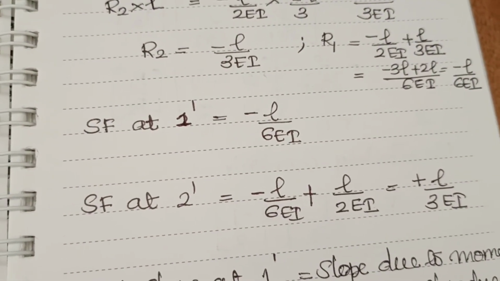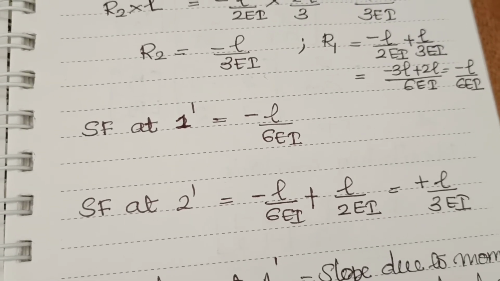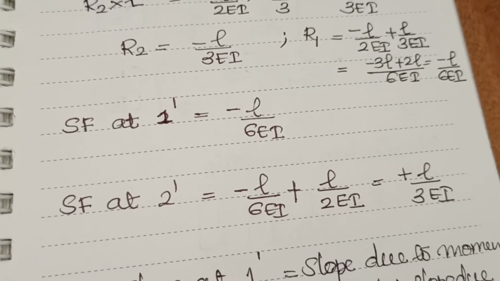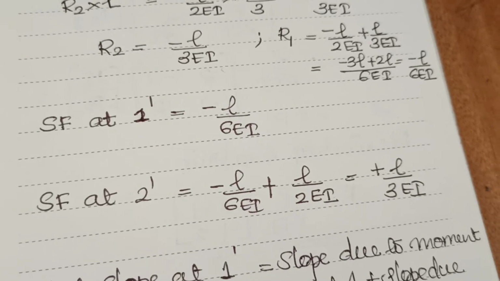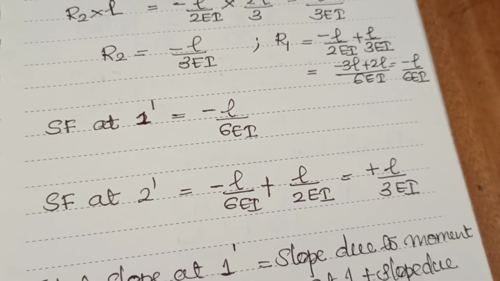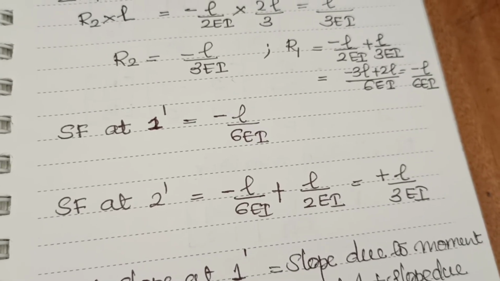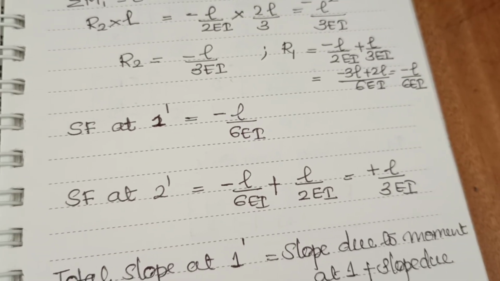From these values, shear force at 1 dash, by considering right up negative, is equal to minus of L by 6EI, that is R1.